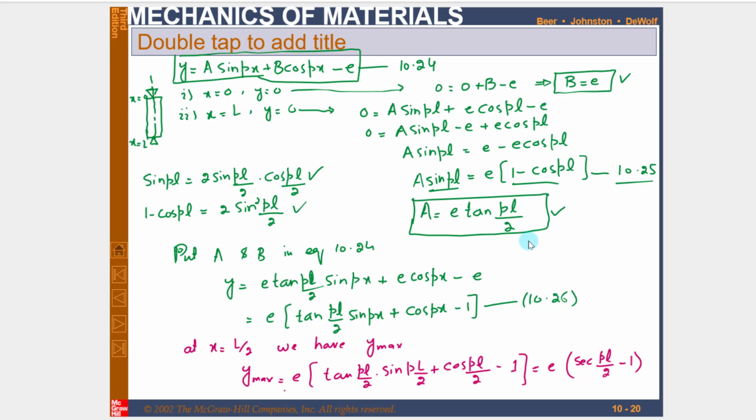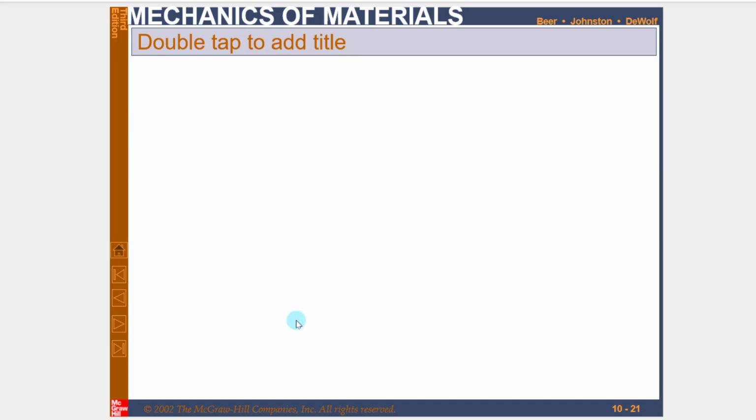Now you know that small p squared is equal to capital P over EI, so small p is equal to the square root of P over EI. So you can put the value of small p over here.